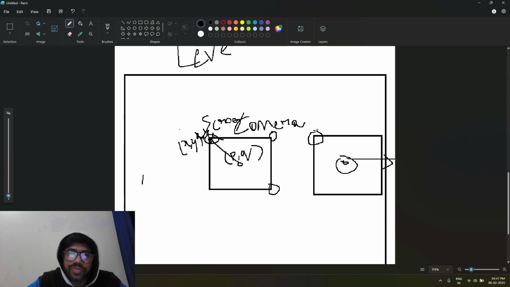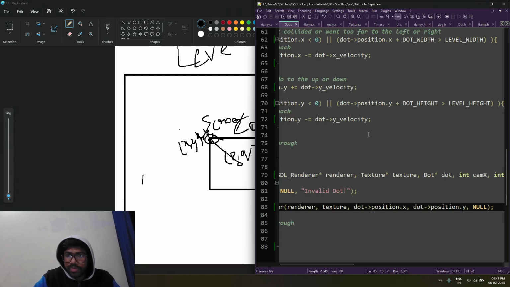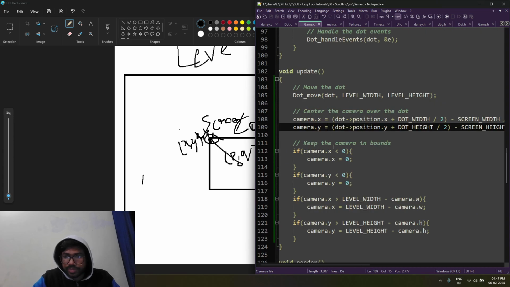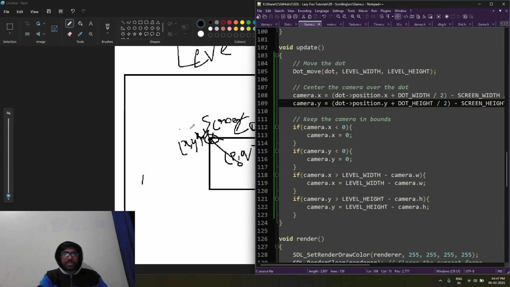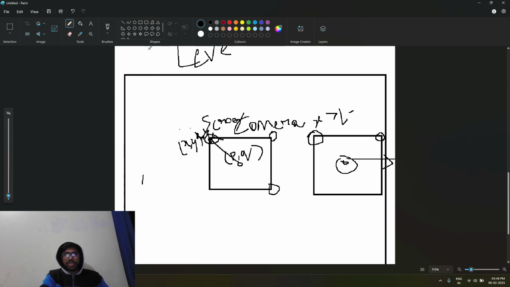If I'm already checking, keep this x plus the camera x position, if it is greater than the level width minus the camera width, the level width minus the width of the camera.